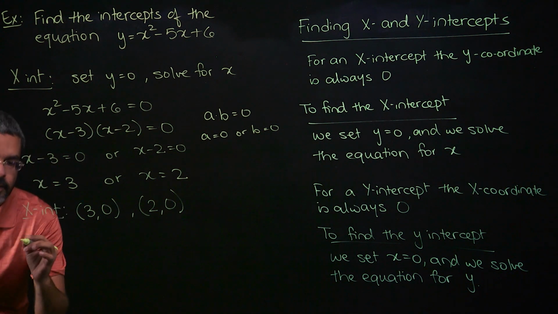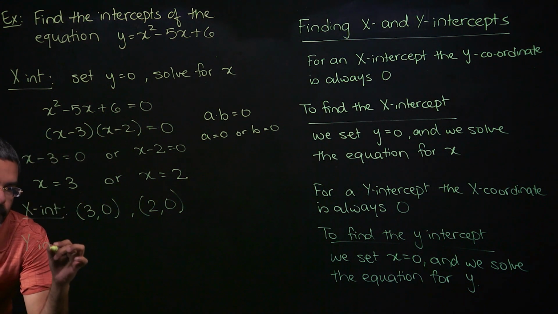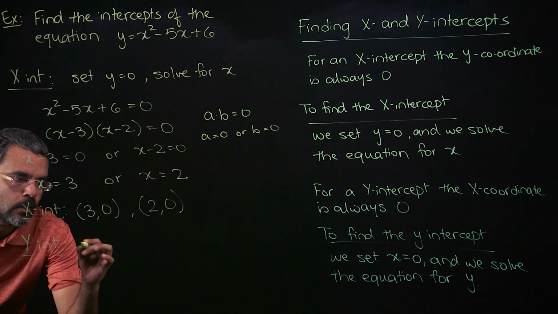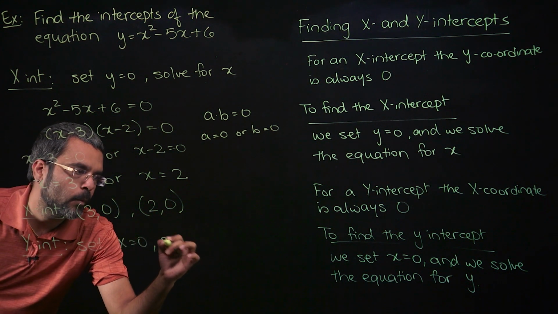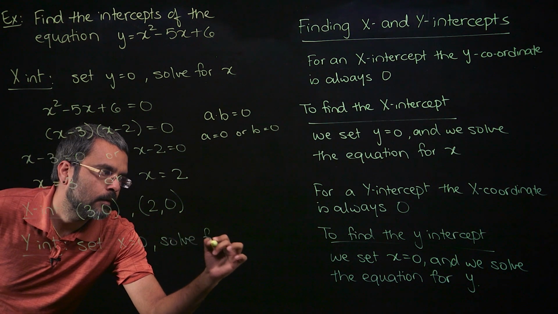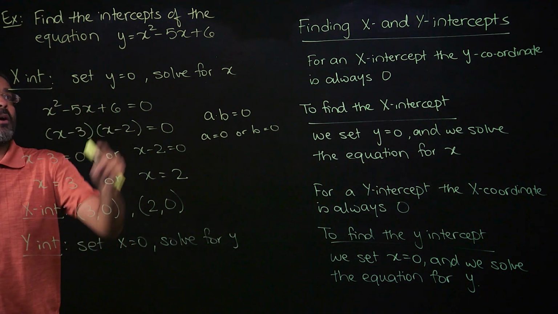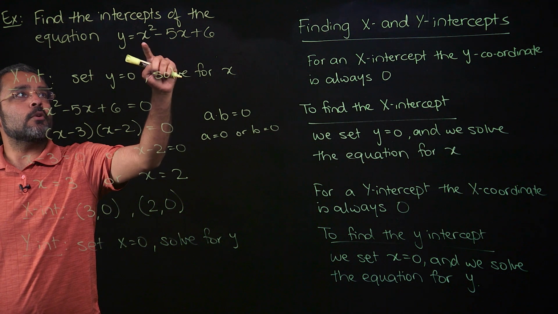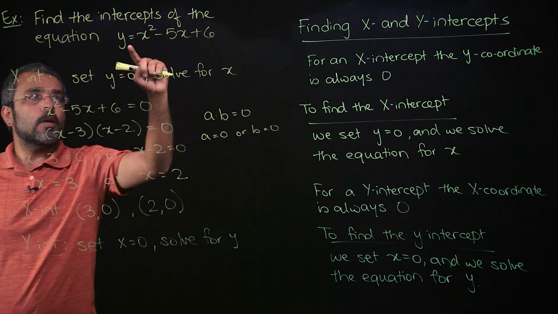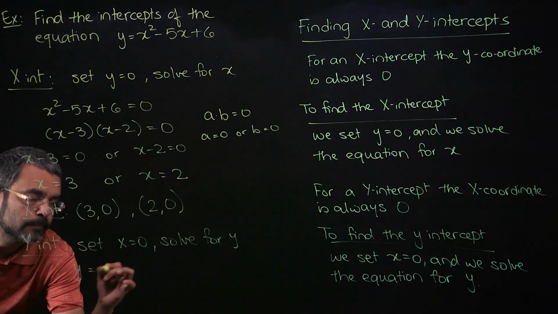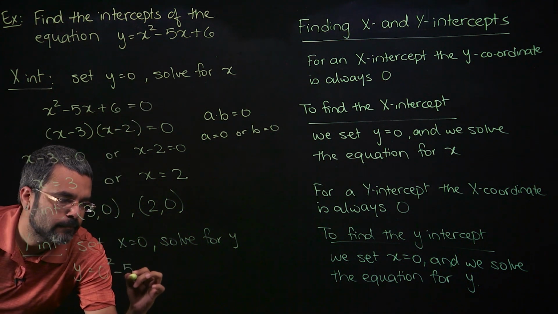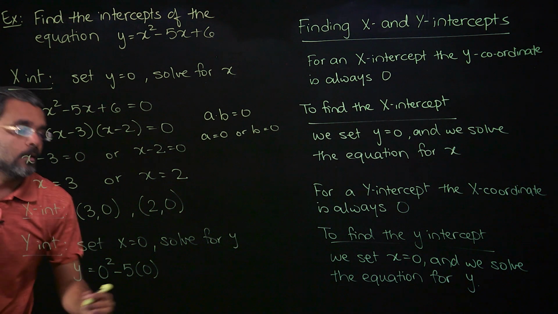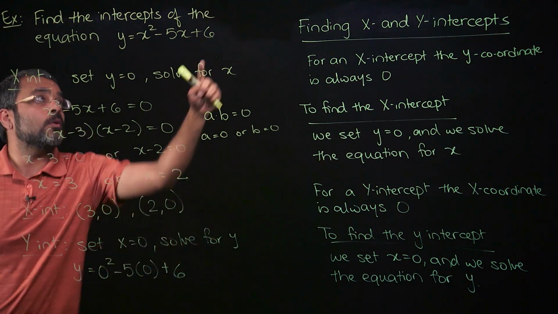Now let's look at the y-intercept. Okay, so here we set x equal to 0 and solve for y. So in my original equation, wherever I see an x, I'm going to replace that x with a 0. So I'm going to get y equals x squared is going to become 0 squared minus 5 times 0. And this will remain 6 because I don't have an x here.